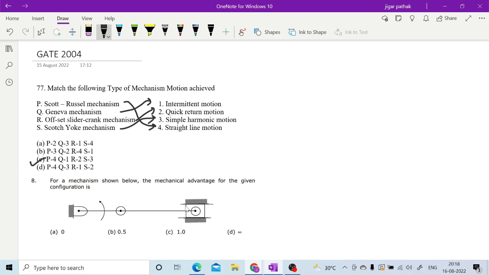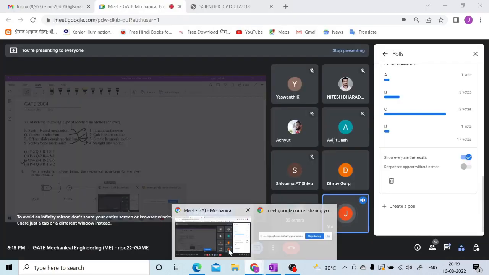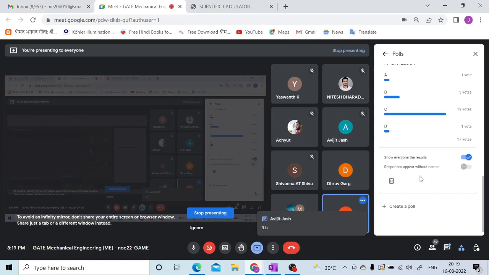Right. Now I'm generating the eighth one. So please be quick again here also. This is question number 8 of 2004, and again your options will be A, B, C, D. One second.